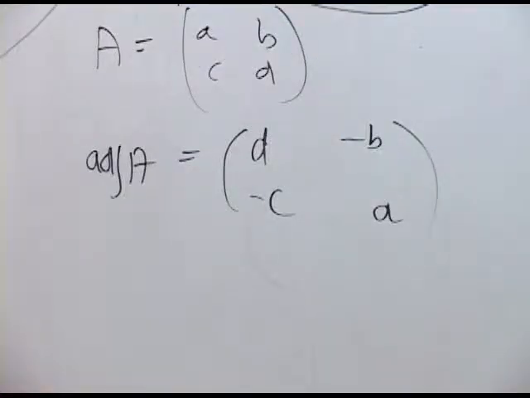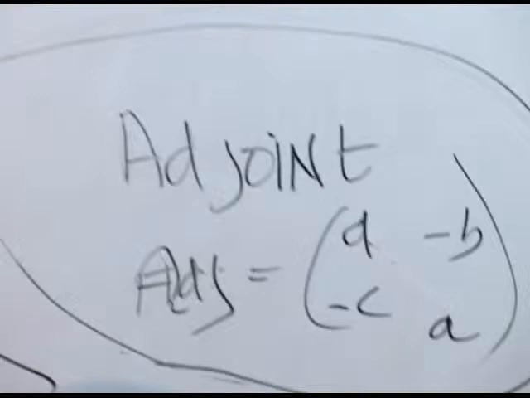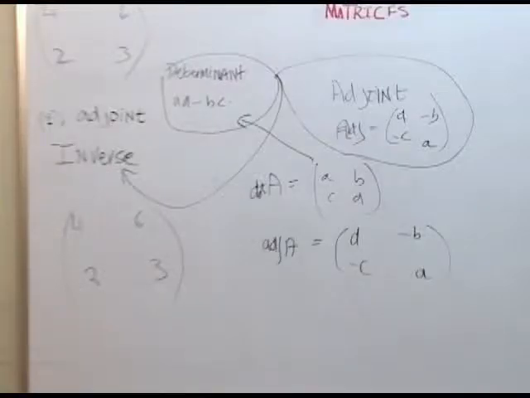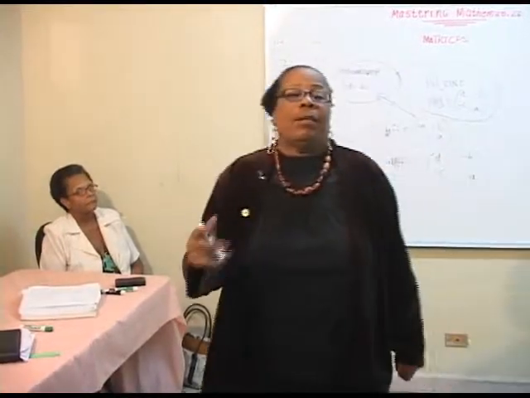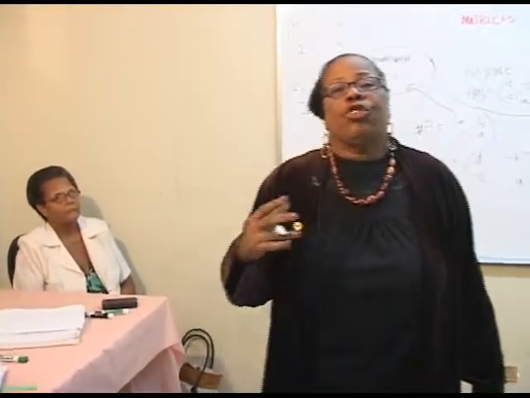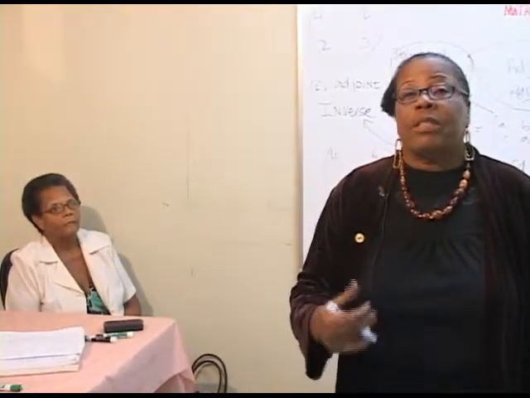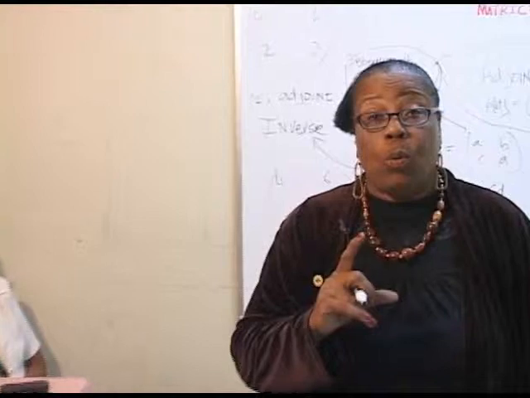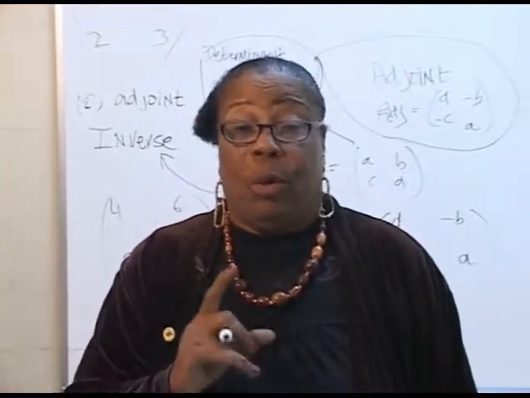Now, Elizabeth, why were we asking them about determinant and adjoint? Where are we marching to? We want them to find the inverse of a matrix, because it is this inverse property that we will use to show you how to use matrices to solve a simultaneous equation. We know that there is another method, but we are not going to bore you with it at this time.